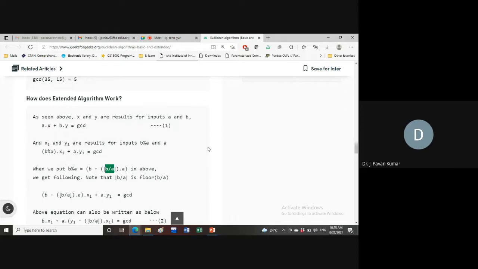Floor of 2.999, what is it? 2 only. Last question regarding this floor and ceiling: floor of minus 2.7? Minus 3. That's it.